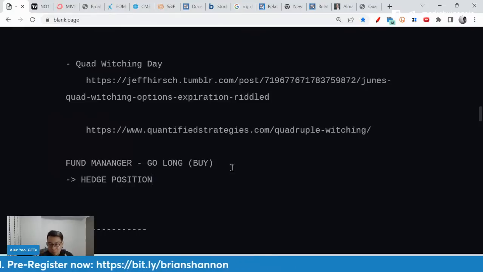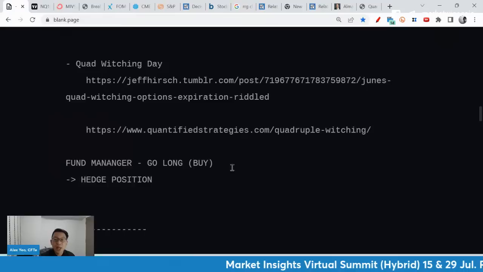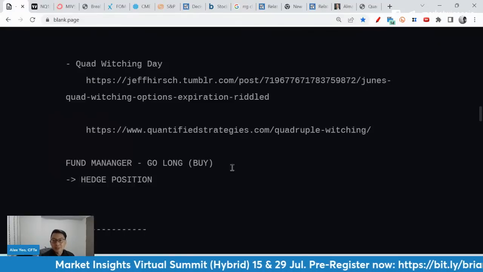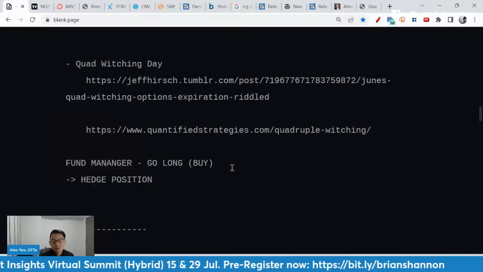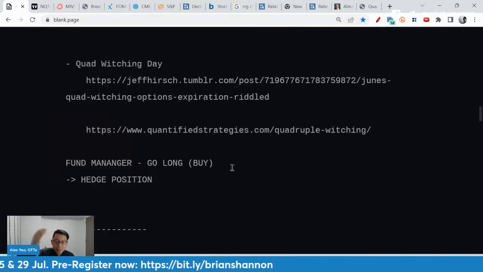Maybe you can write down in the comments. Katie says hedge. So how can they hedge? Henry said options. Fantastic, options. They anticipate there is a correction, which means the market goes down.